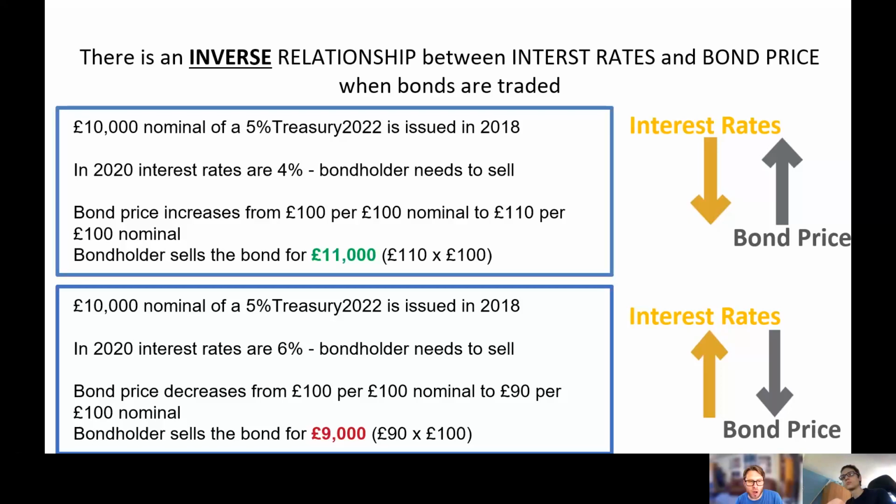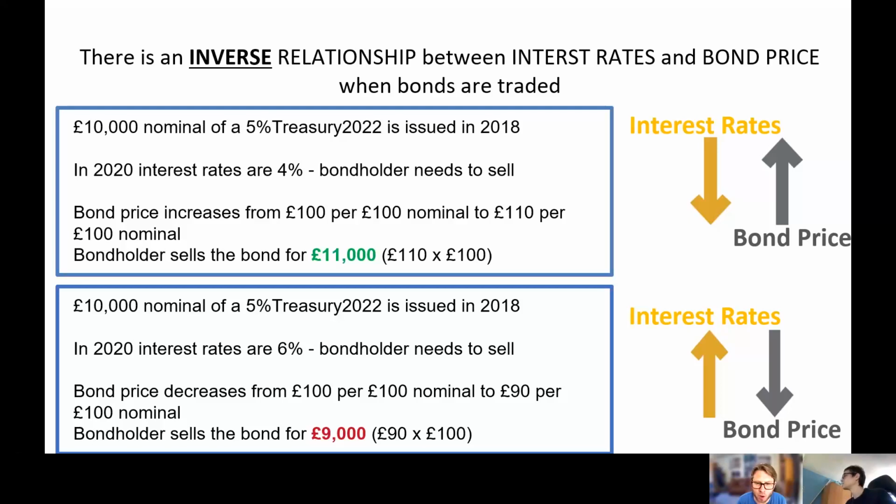If we're a bondholder and we own a £10,000 nominal bond, which is 5% Treasury 2022, it matures in the year 2022, pays 5% coupons, and it was issued in 2018. So the bond has got a 4-year life on it, or 4 years till it matures.